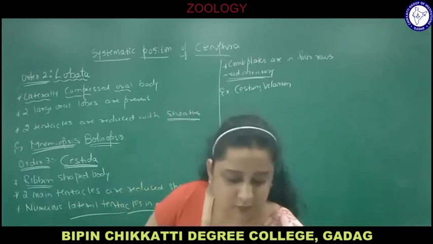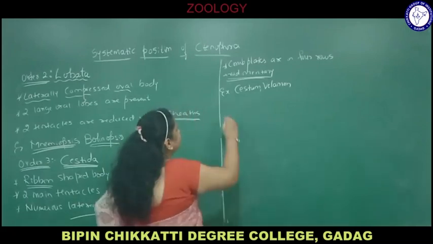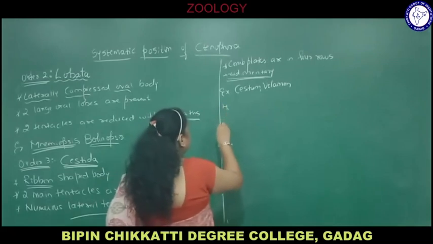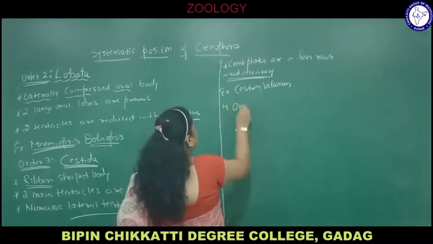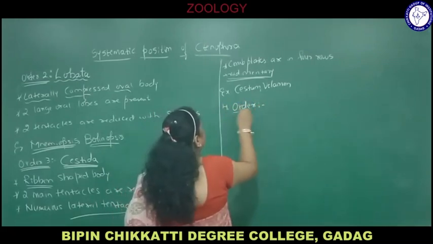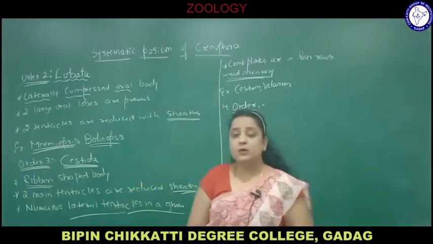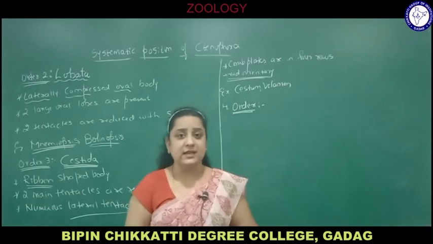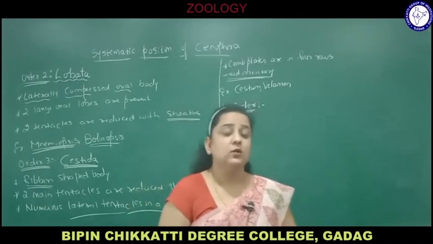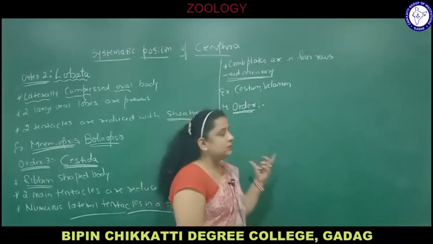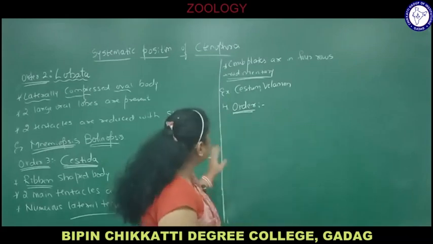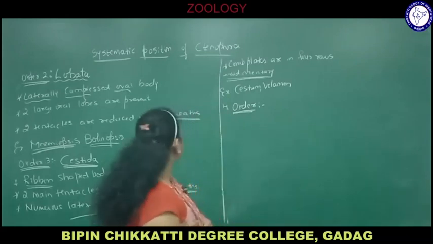Next we will go to order number 4. So order number 1 is Cydippida, because development is indirect by Cydippid larva. Order number 2 is Lobata.